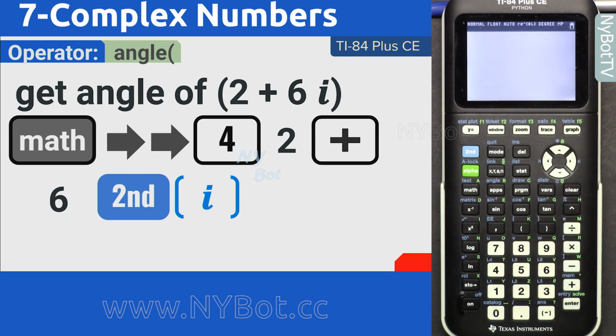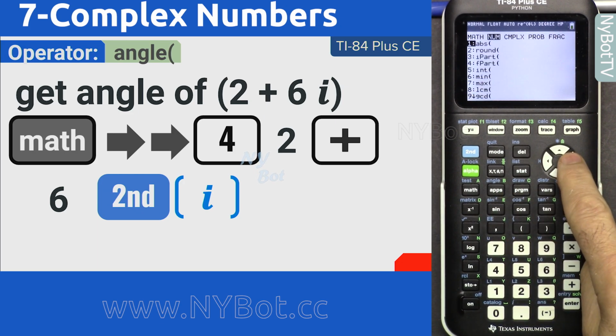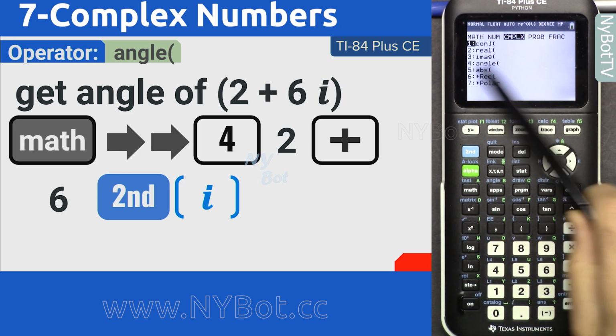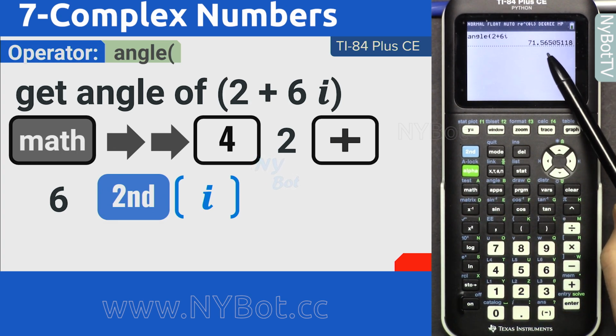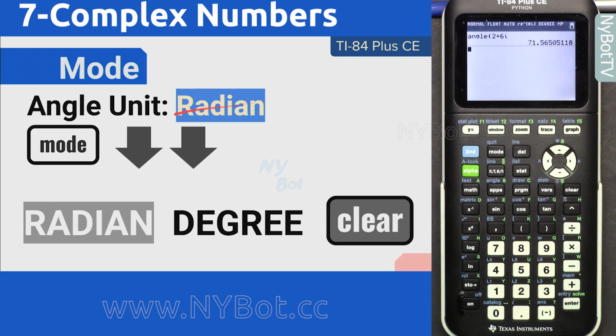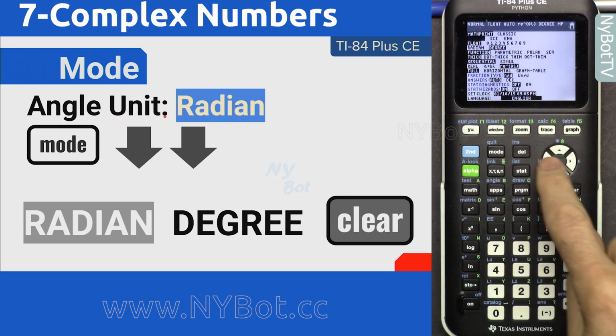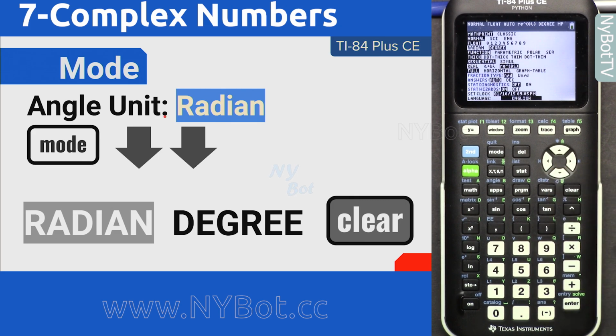And let's press math, 4, angle, 2 plus 6, second function, i, and the angle is 71.565 degrees. Now let's set the unit to radian back, second function, go to radian. Radian is highlighted, enter, clear.